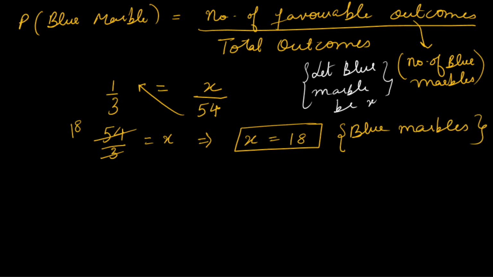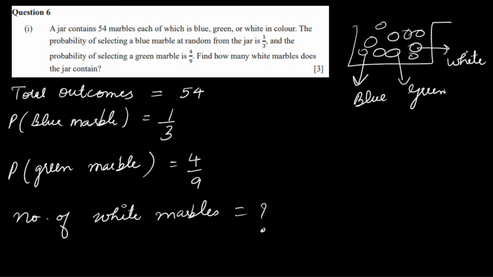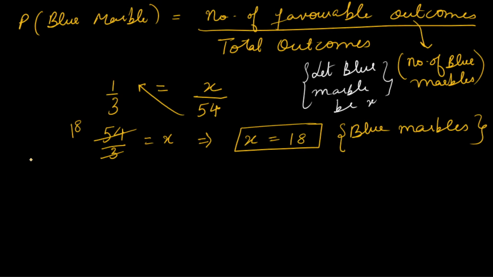In the same way, because the probability of the green one is also given to us, we'll use the formula now. Probability of green marbles. Now I hope you got the idea. We found the number of blue marbles; the same way we will find the number of green marbles.